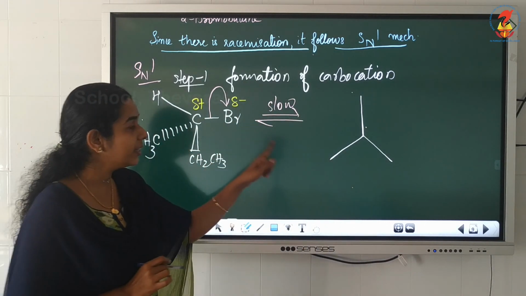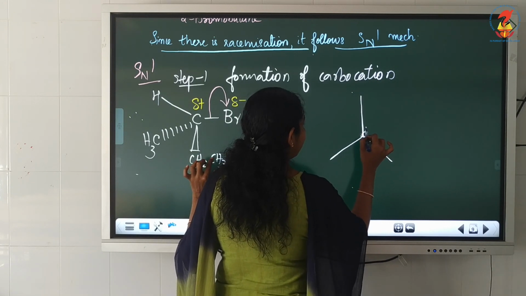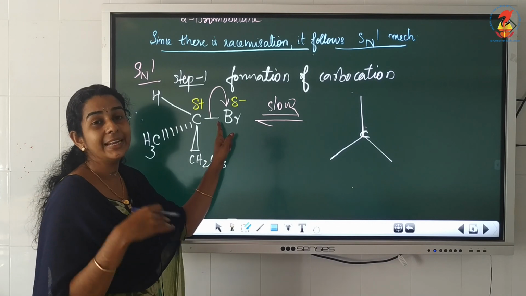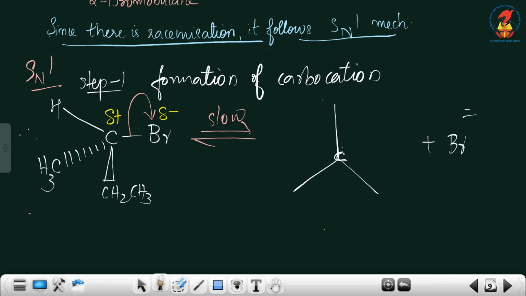So this is the carbon we have. When bromine leaves as Br minus, this carbon will be getting a complete positive sign, isn't it? So this is our carbocation. Now which are the groups on this carbon?